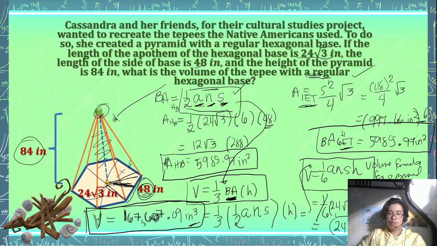This is the volume of our given pyramid, and we've solved for the base area in 2 ways, and we've also derived the formula for finding the volume of a pyramid with a hexagonal base. We found the volume is 167,607.09 cubic inches, and that's how we solved it.